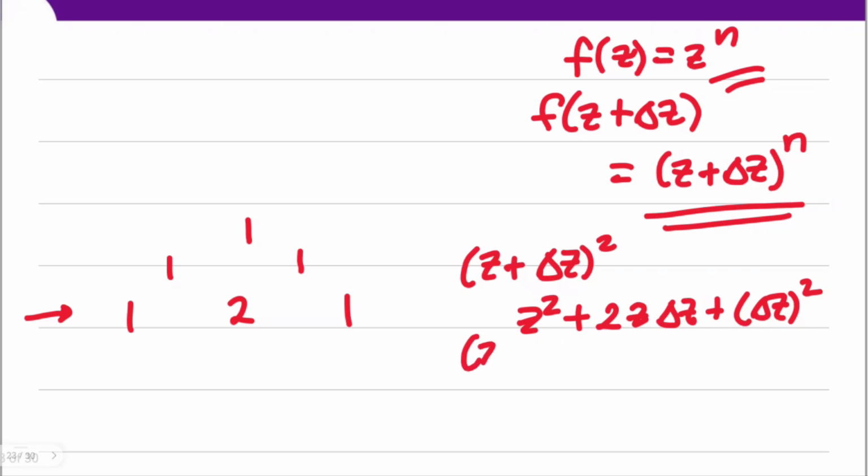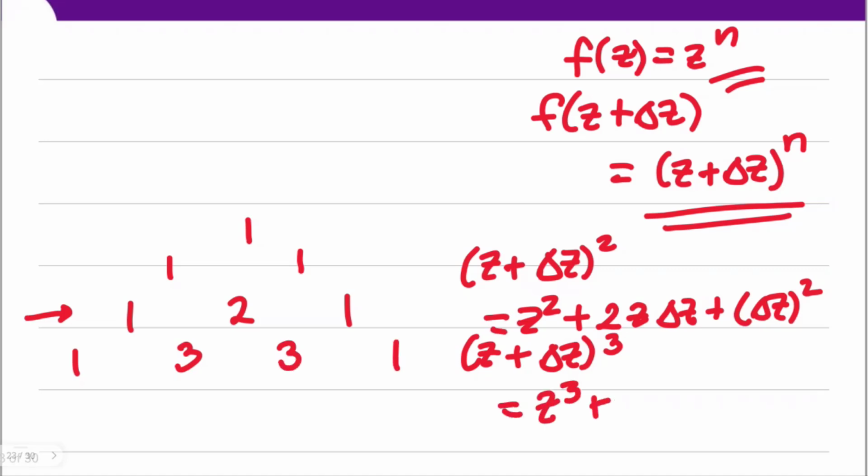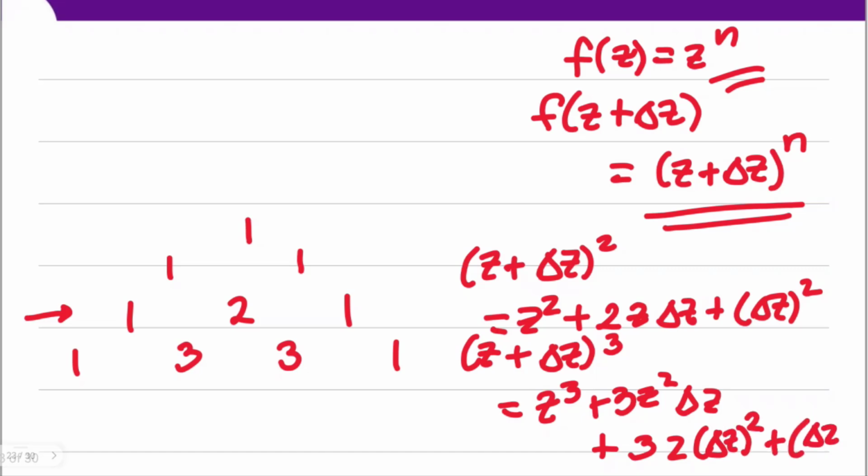If you will have z plus delta z cubed, of course, according to this Pascal's triangle, you will have z cubed plus 3z squared delta z. Take note that you will have decreasing power of your first term and increasing power of your second term. Then plus 3z, the square of delta z, plus the cube of delta z, and so on and so forth.